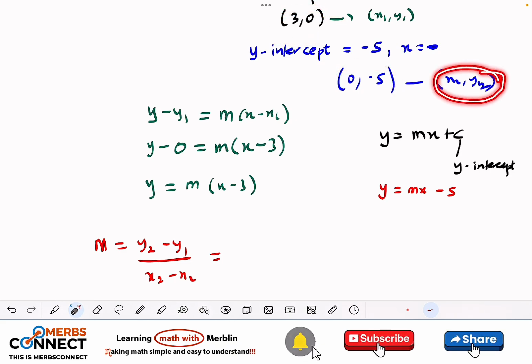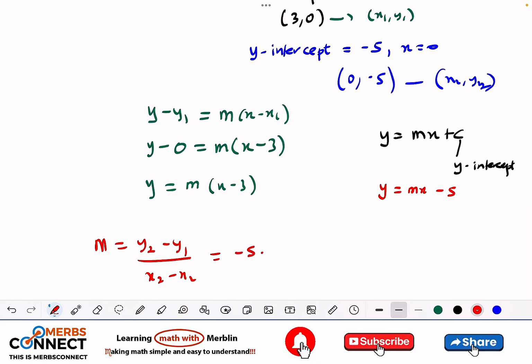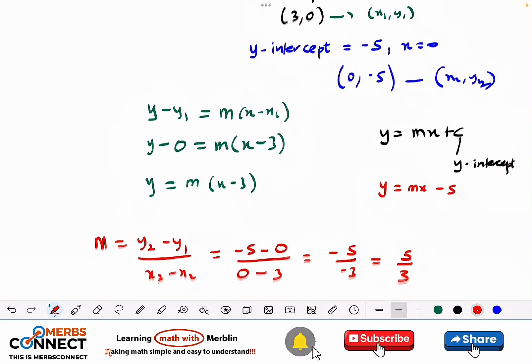So this is our x2, y2, x1, y1. So we are going to have y2, which is -5, minus y1, which is 0, over x2, which is 0, minus x1, which is 3. So this is going to be -5 divided by -3, and this should give us 5 divided by 3. So this is the slope, right?